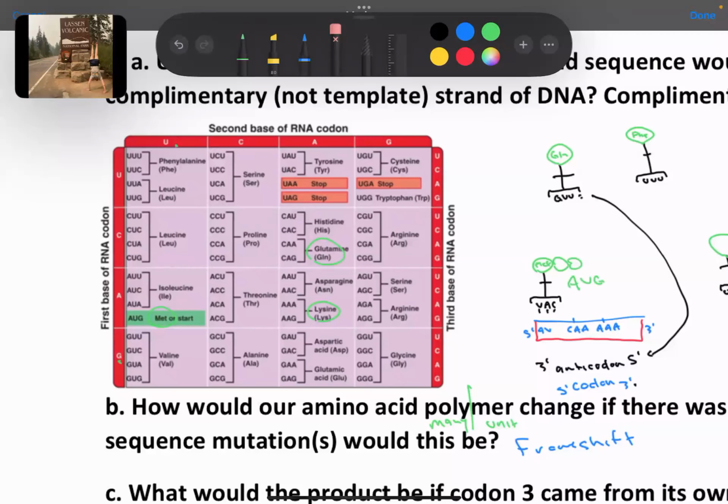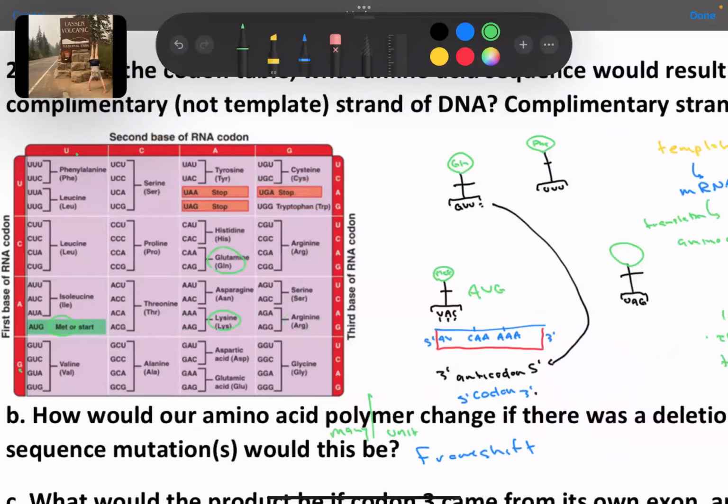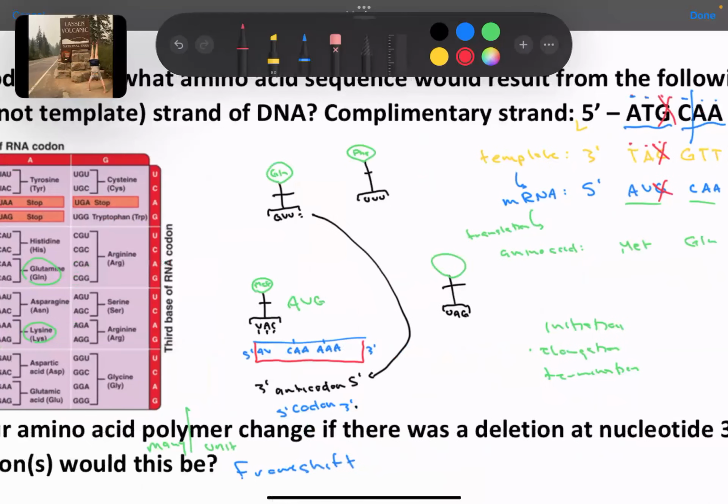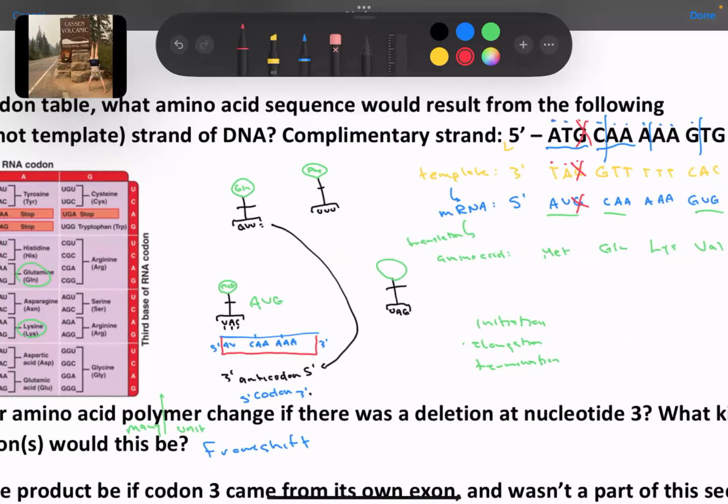So if we had a deletion at that 3rd nucleotide, we no longer have ATG becoming TAC becoming AUG. We now have ATC in our complementary strand, that is a TAG.